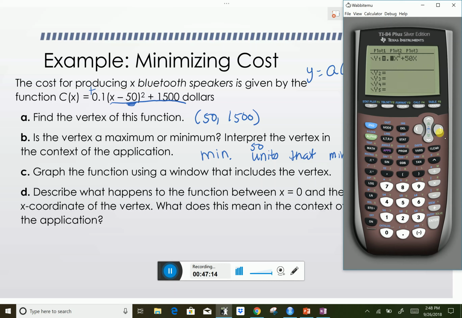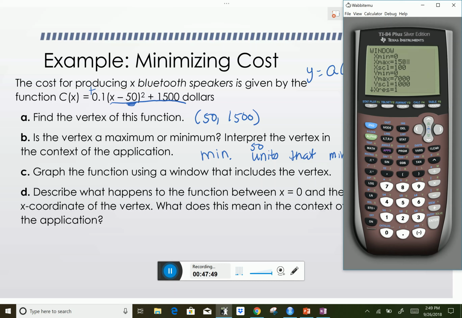So we have 0.1, and then an open parenthesis, x minus 50, close parenthesis, squared, plus 1500. I'm going to go to my window, and make sure that I cover the vertex, but I also cover a little farther than that. I want to cover at least twice what the vertex is.